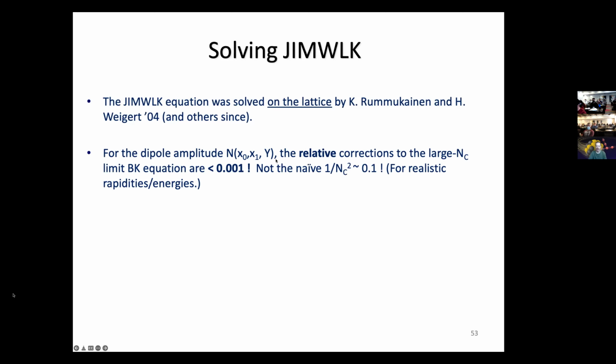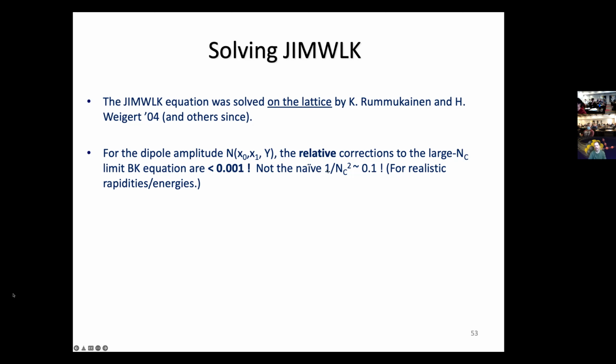And interestingly enough, the correction turns out to be, at least for realistic energies, for anything most of us will see in our lifetime, maybe all of us will see in our lifetimes, about 0.1%, 0.001, the relative difference between finite NC and large NC limits here.